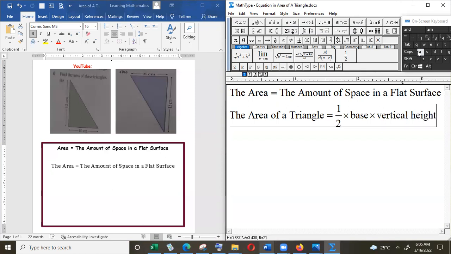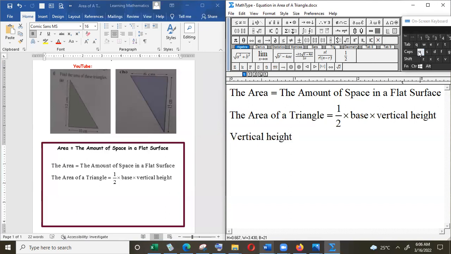Okay. Now the vertical height makes a 90 degrees, or you can say it is perpendicular, with the base.